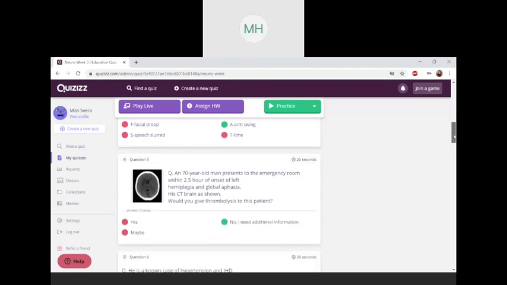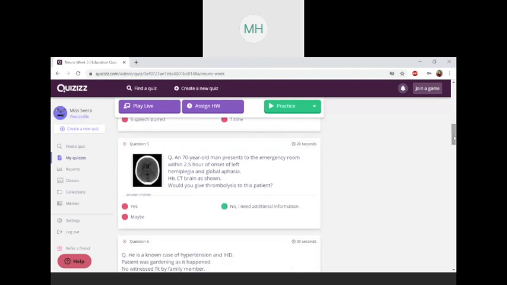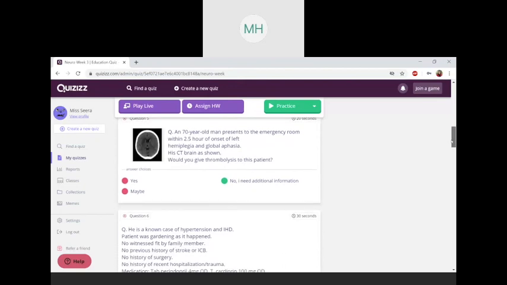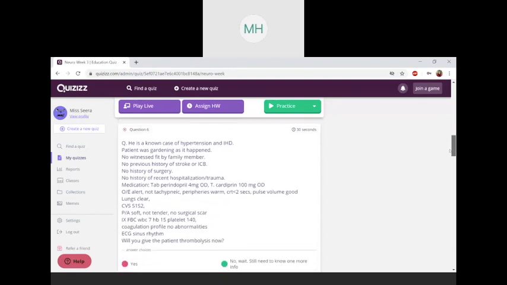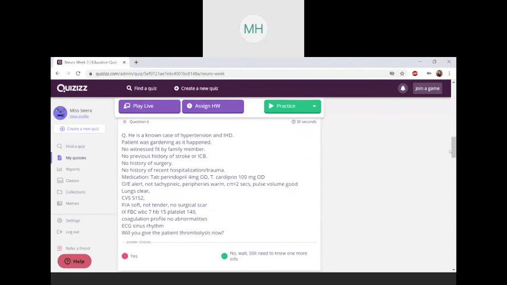Question 5 is a 70-year-old man presenting to the emergency room within 2.5 hours of onset of left hemiplegia and global aphasia. His CT brain was shown, and would you give thrombolysis to the patient? I think the history was very brief, so the answer should be no. Then you got further history: a known case of hypertension and ischemic heart disease, and he was gardening when it happened.